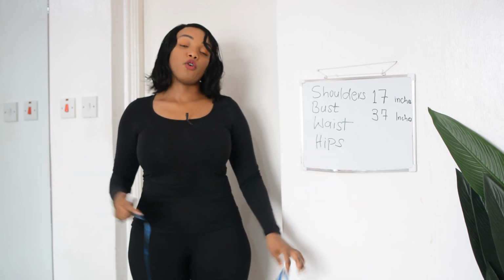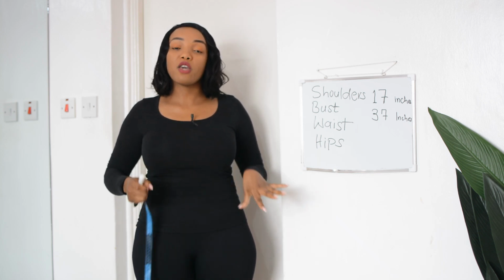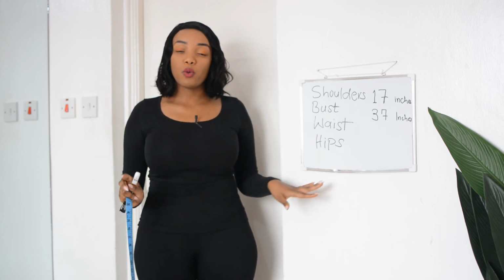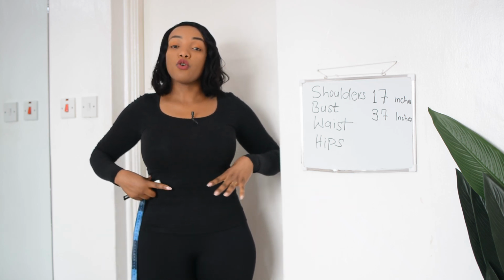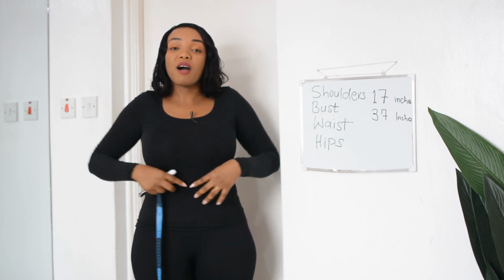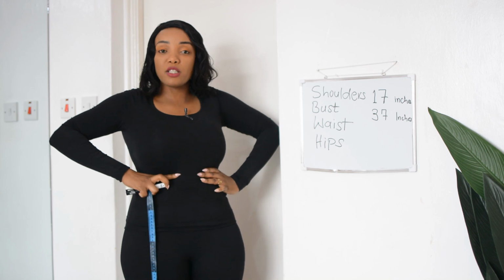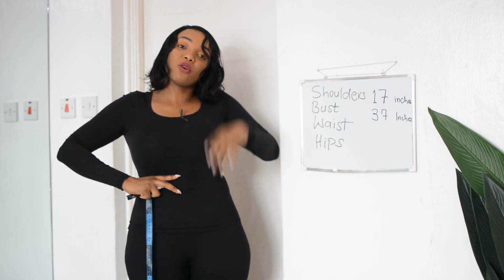And now I'm going to come to my waist area. For you to be accurate on where your waist is, because I'm sure somebody will be confused on whether to use the lower waist or the high waist, you should use your high waist, and your high waist falls just slightly above your navel. It's the narrowest part of your waist. So this is what we are working with, just slightly above the navel area.